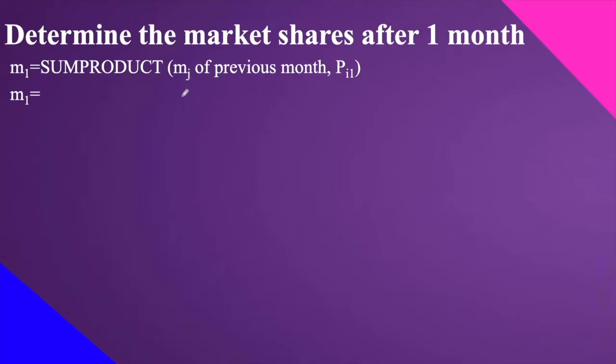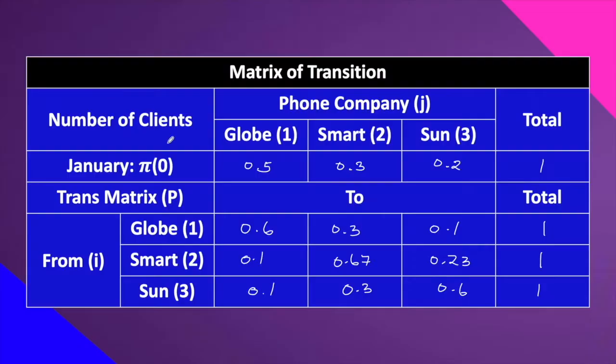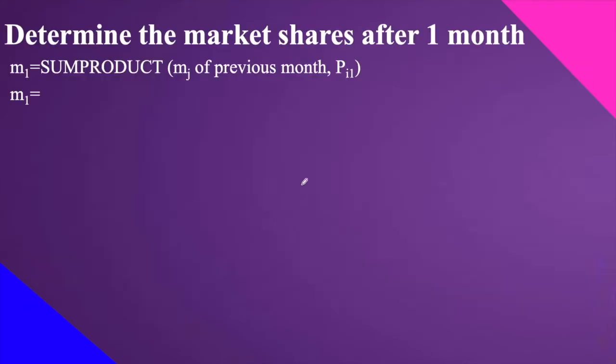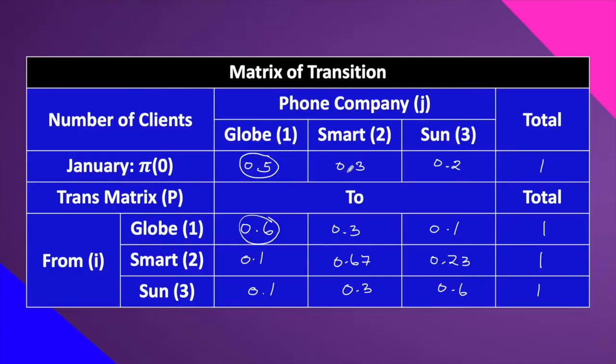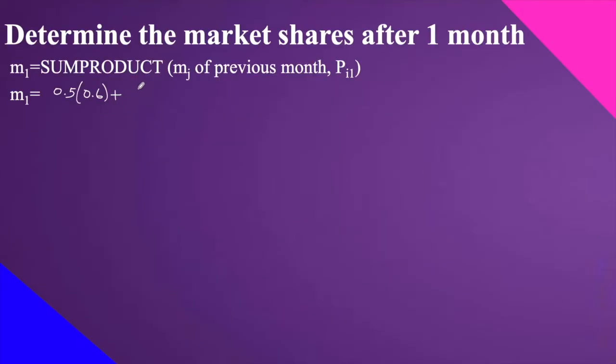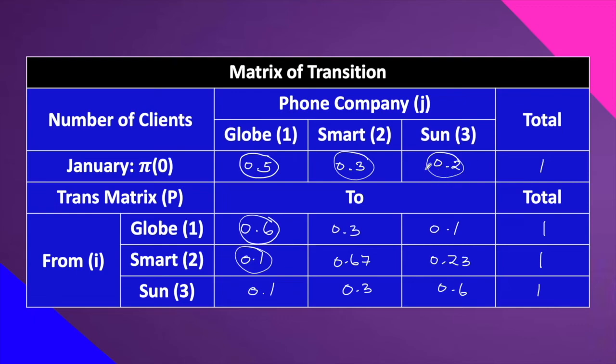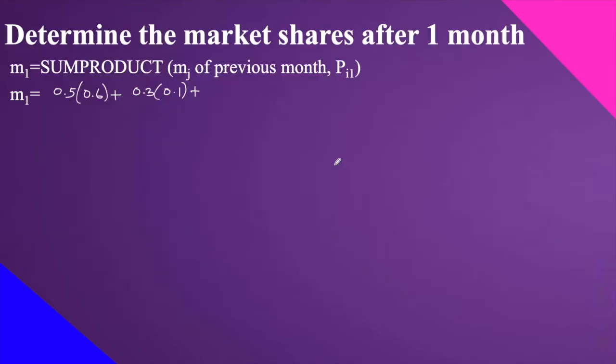We have here M sub 1 equals 0.5 times 0.6 plus 0.3 times 0.1 plus 0.2 times 0.1.